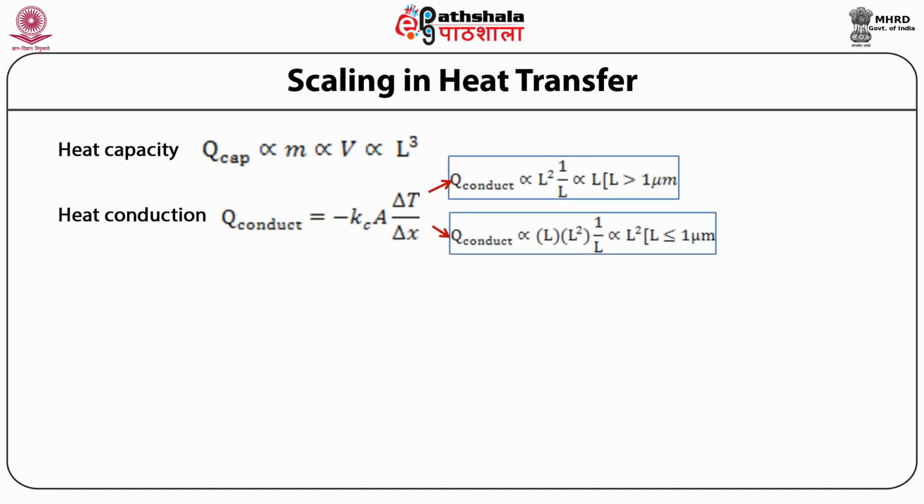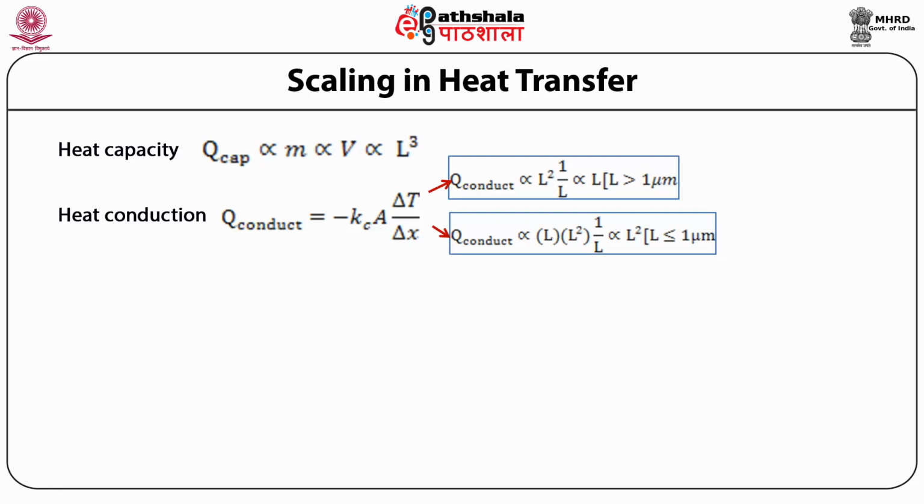Heat can be transferred as conduction, convection, and radiation, but conduction and convection are the more common modes of heat transmission in smaller systems. The scaling laws are often valid in two distinct regimes.